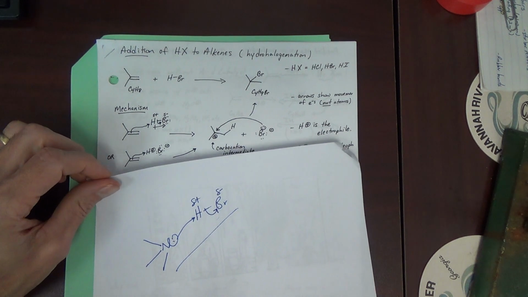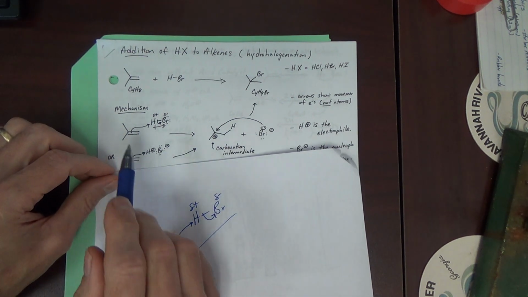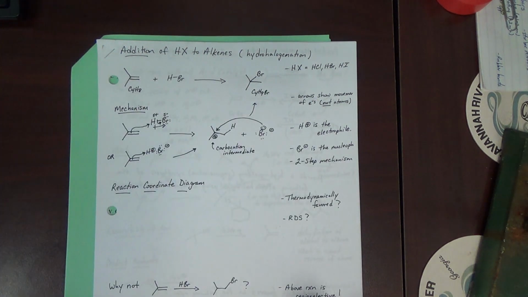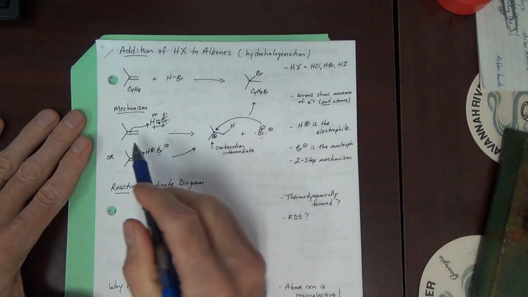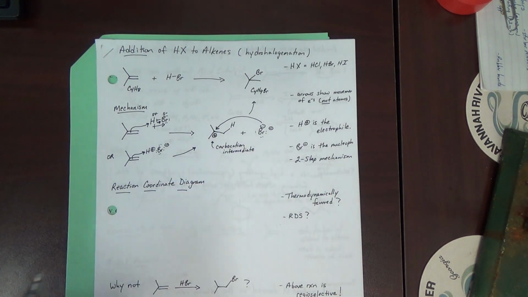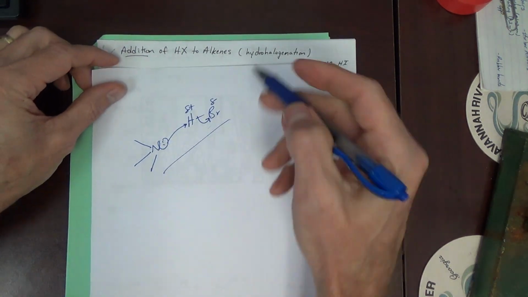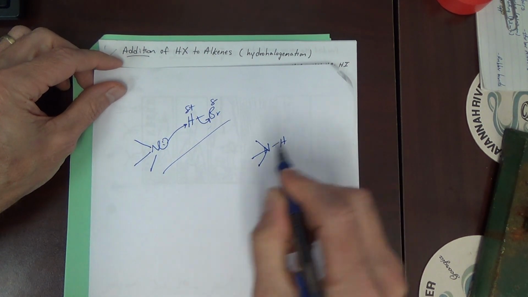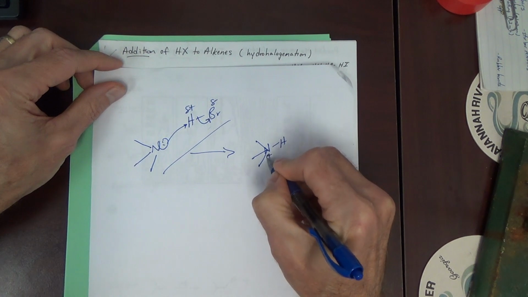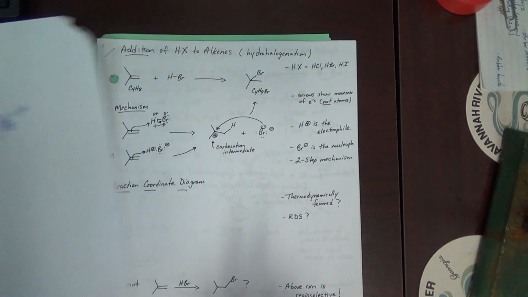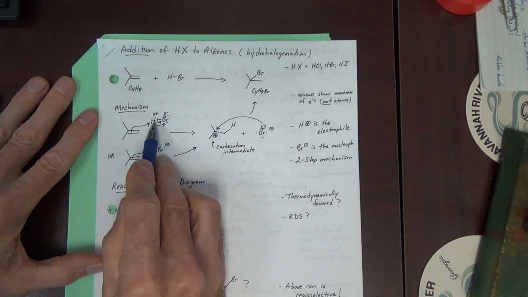Now, we have to decide where the resulting H is going to go. In this case, the resulting H ends up bonded to the carbon on the right. Here we didn't have to worry about that because the resulting H is bonded to the nitrogen. It's clearly this atom making the bond to H. But here, which carbon is making the bond to H?